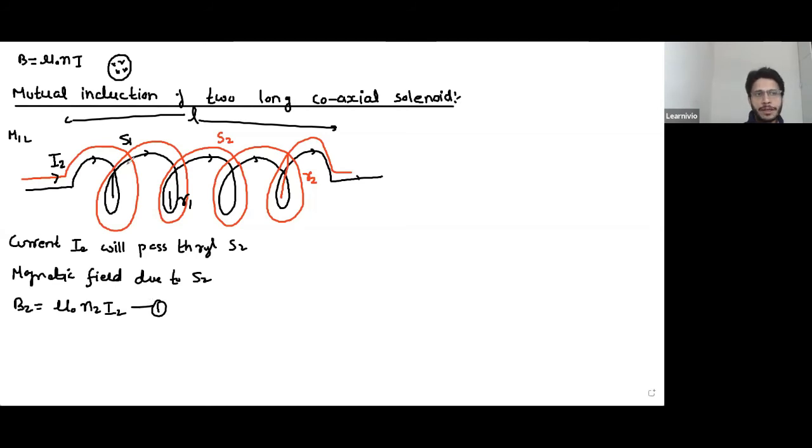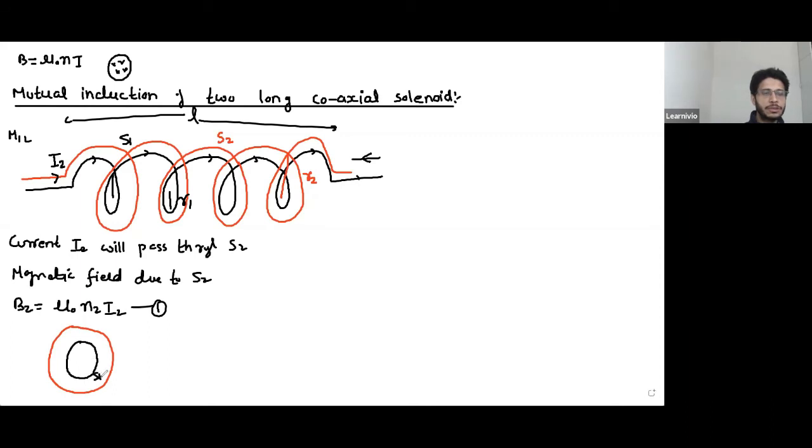So due to this magnetic field, if I draw this here, I'm drawing the top view. It means if you look at this solenoid from this side, you will see a circular solenoid S2, and inside that solenoid S2 you have another solenoid, which is S1.